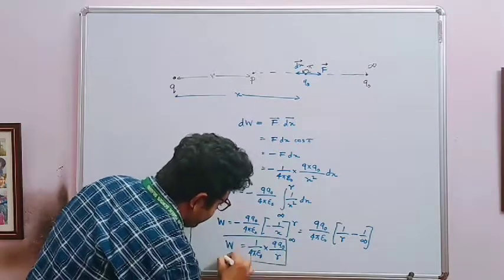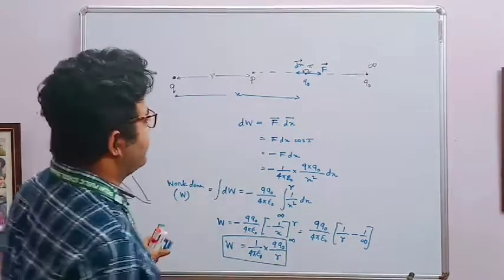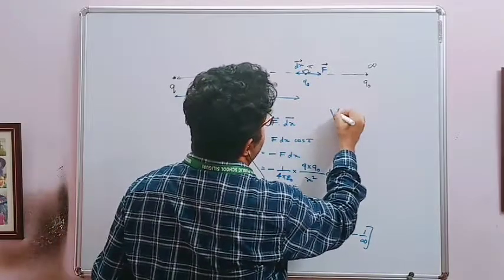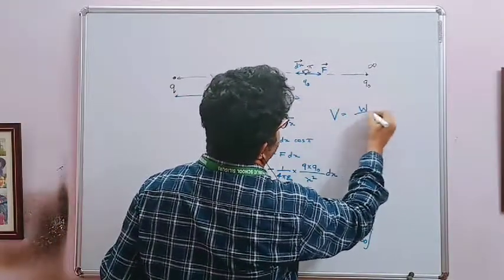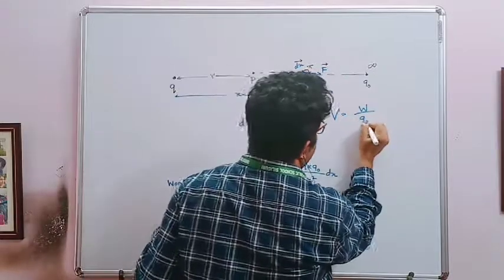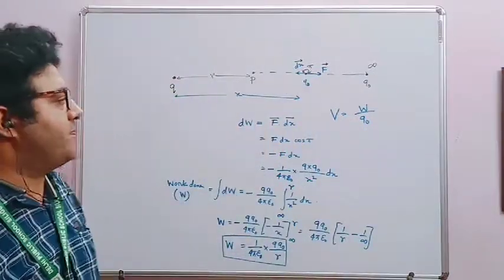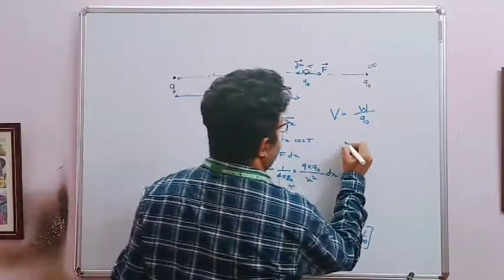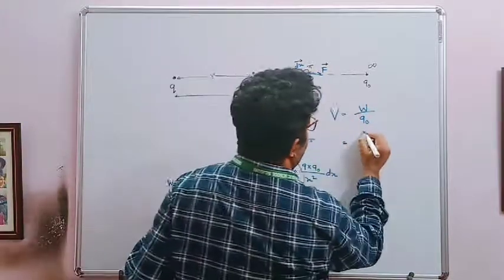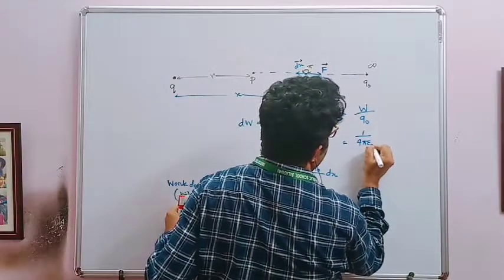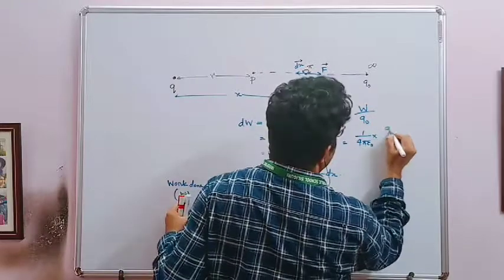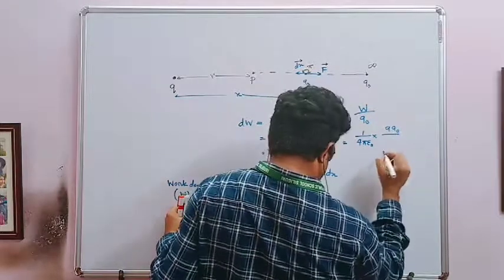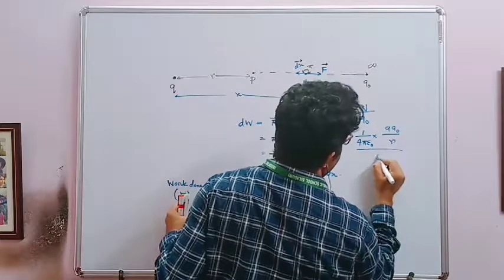That is very important. And from that, the potential is the work done by the unit positive charge particle q naught. So we can write 1 by 4 pi epsilon naught, q q naught by R, divided by q naught.